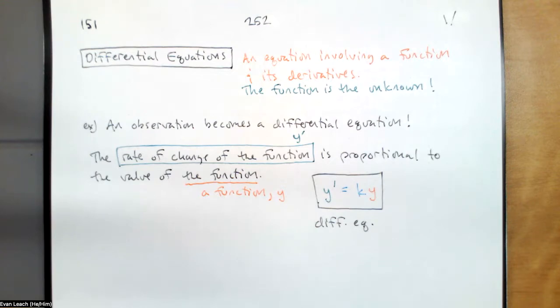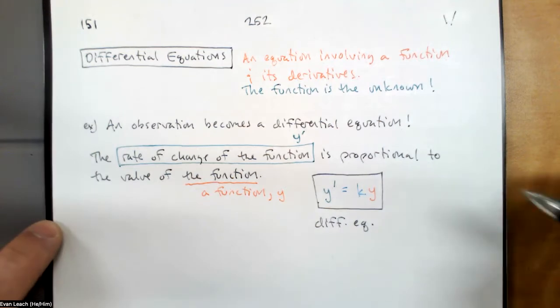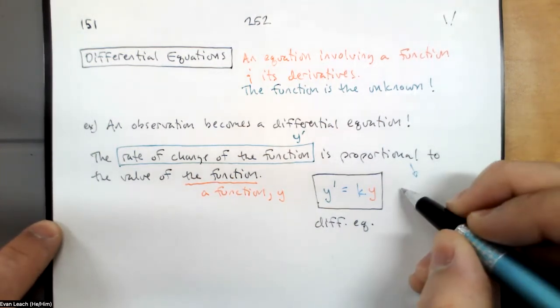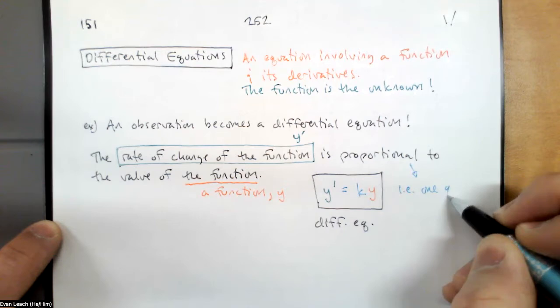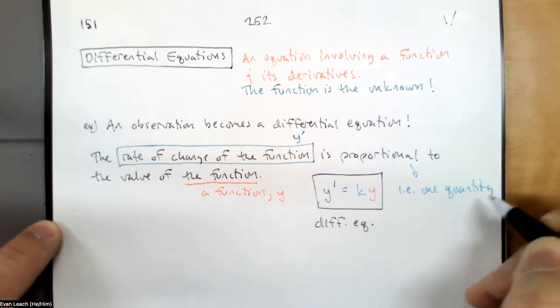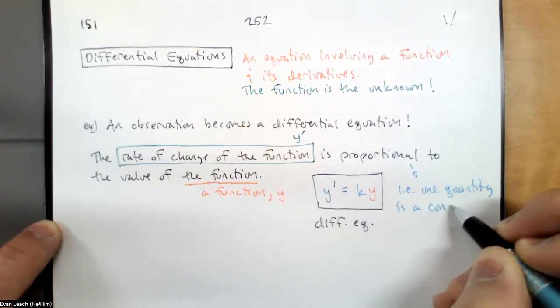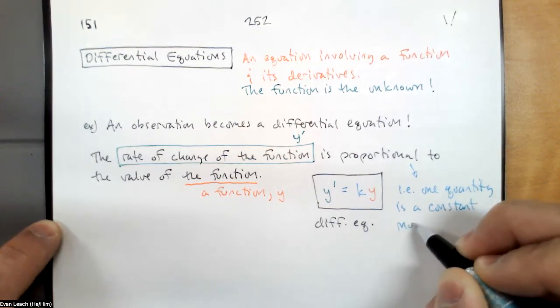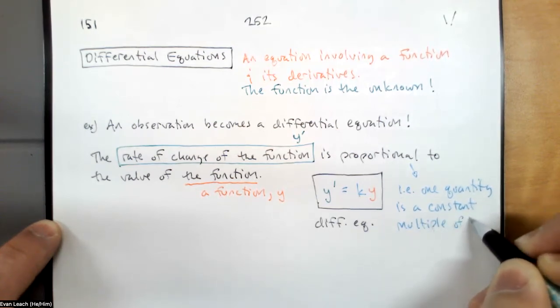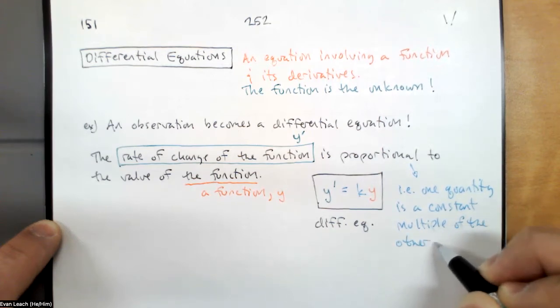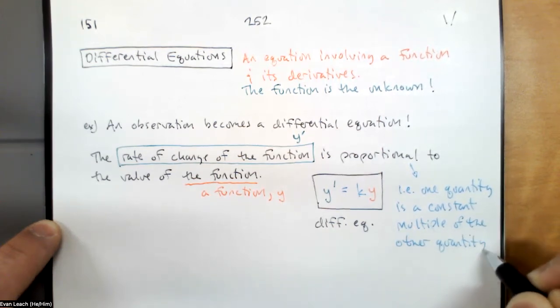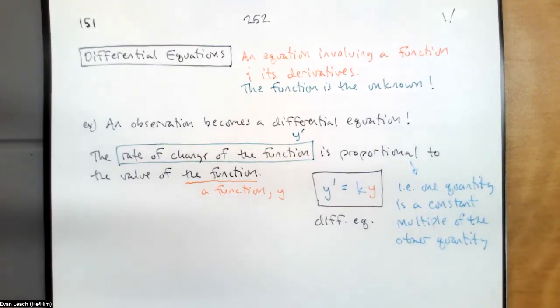Proportional means one quantity is a constant multiple of the other quantity.